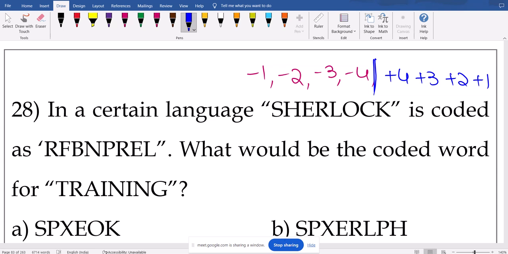If you want to identify the logic, you should know the value of each letter. Then you can think about minus 1 or plus 2, what logic. So for training also, if we divide into 2 groups, for the first group minus 1, minus 2, minus 3.